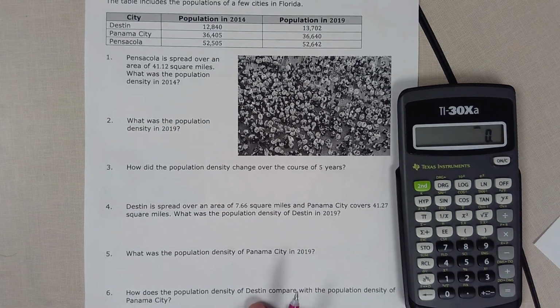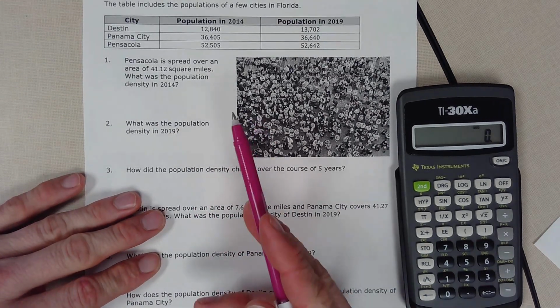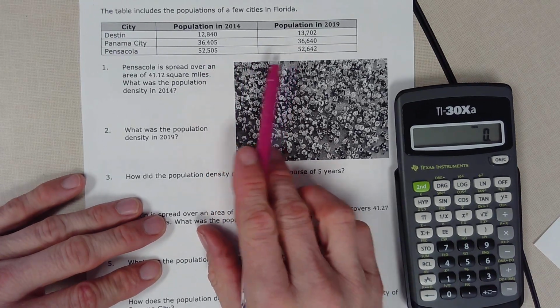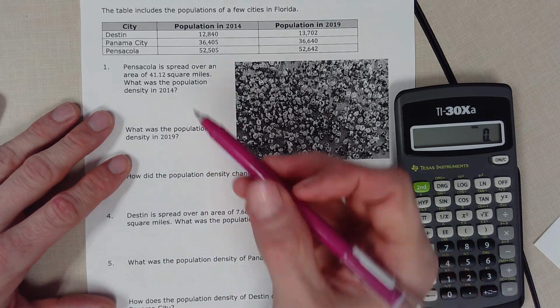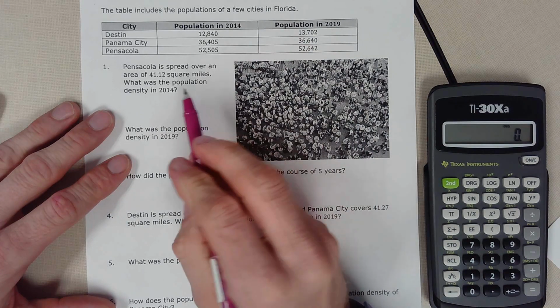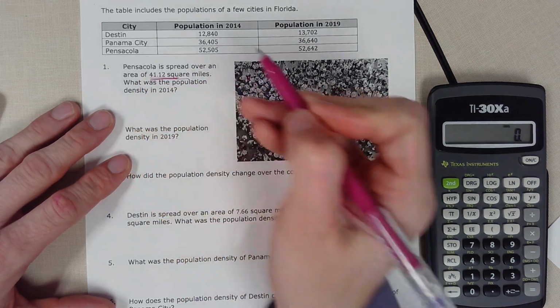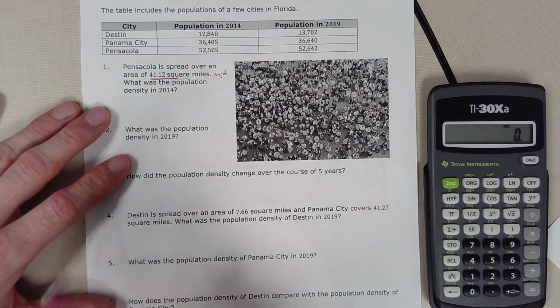All right, so here we have some areas of Florida. This is the population for different years, and it gives us the square miles. So this is a population density, number of people, right? This is the number of people, and this is the square miles in Pensacola. This is square miles abbreviated.